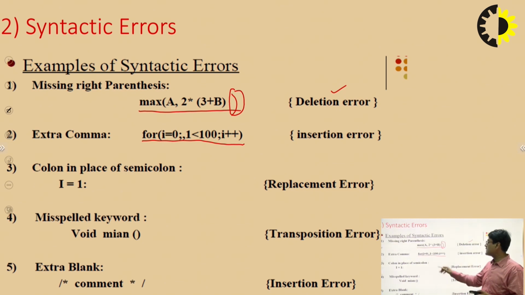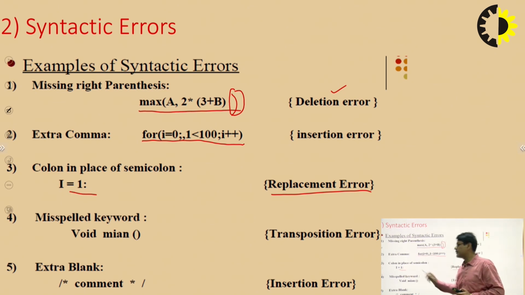Then colon in place of semicolon is called a replacement error, because here we needed the semicolon, but in a hurry when typing the code, might be we put a colon in place of a semicolon. When we execute this code, it will create a problem because it does not match the syntactic specification of that particular language.